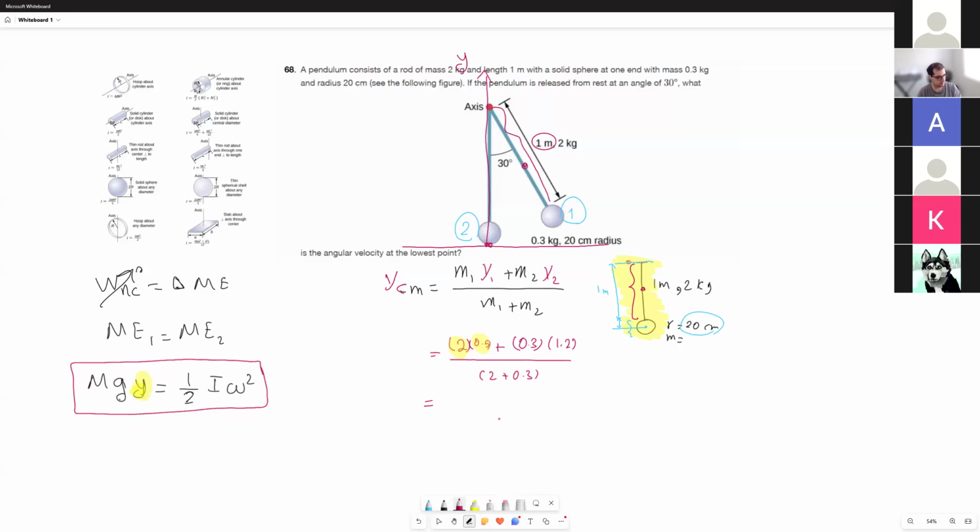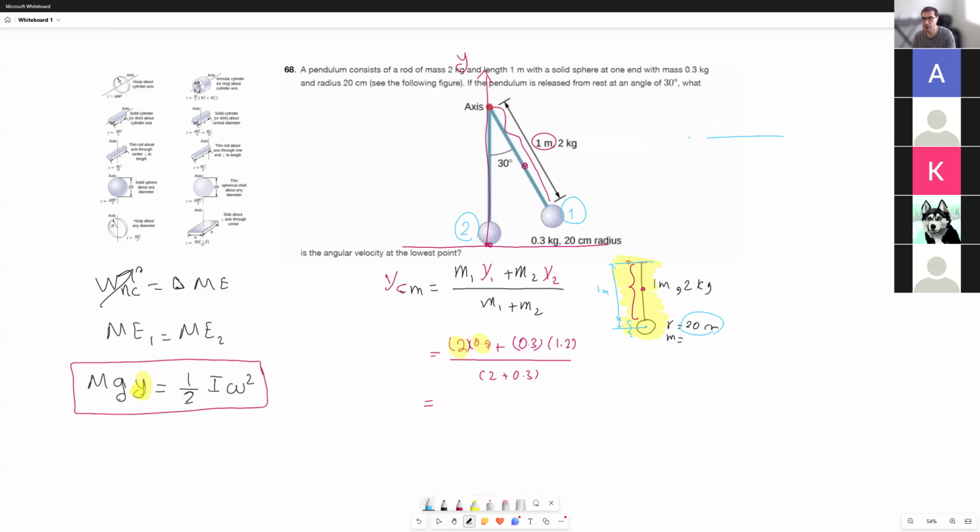Go ahead, Lucian. I'm a bit confused about that M2 Y2. Why is it that you used the mass of only the sphere, but then is it the length or the radius? Why is it that you used 1.2? Okay, so look at here, for example.